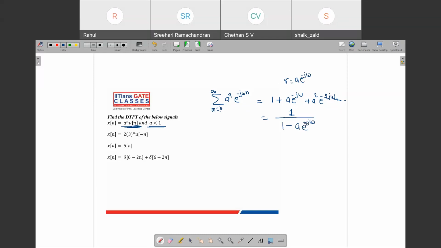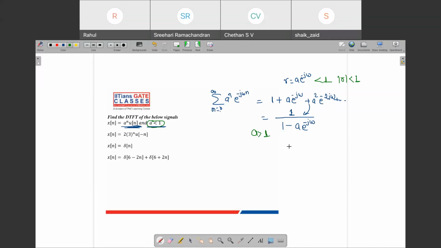Now here I have written this GP equal to this because in this case mod of r is less than 1, since a is less than 1. But in the case when a is greater than 1, you will not be able to calculate the DTFT of that signal, and in that case the DTFT doesn't exist.